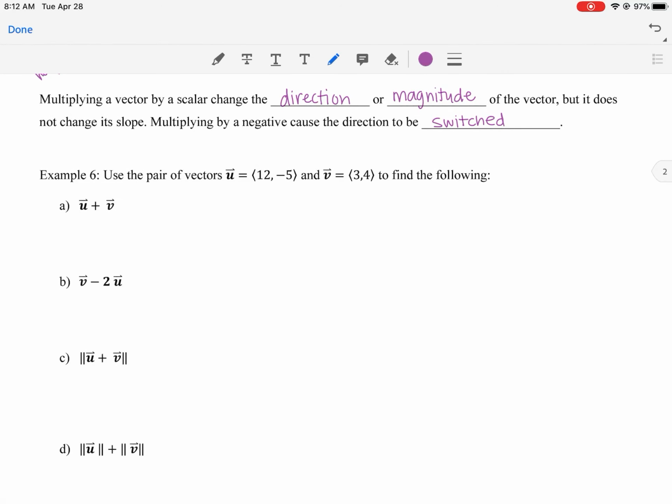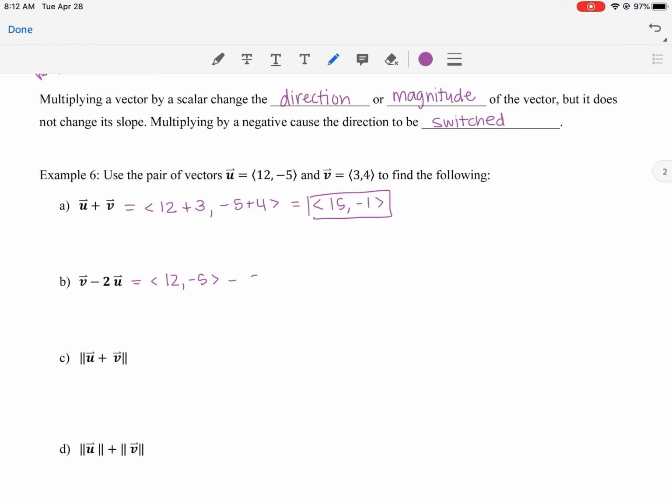So if we're going to use these two vectors, u is 12, negative 5, and vector v is 3, 4, if we just ask you to add them, the easiest way is to do your algebraic, so add the x components, add the y components, and we'd end up with 15, negative 1. Okay, in this case, when you've got vector u minus twice vector v, I would probably think about order of operations.